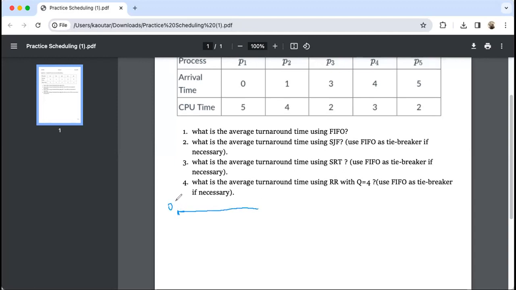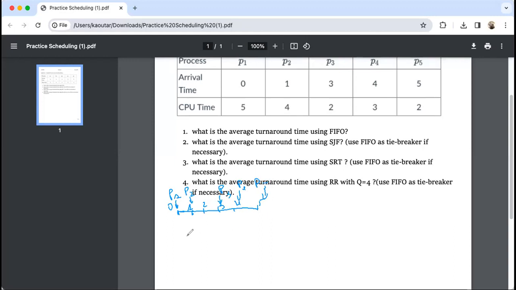So at time 0, we got P1. At time 1, we have P2. And then at time 3, we have P3. At time 4, we have P4. And then at time 5, we have P5.